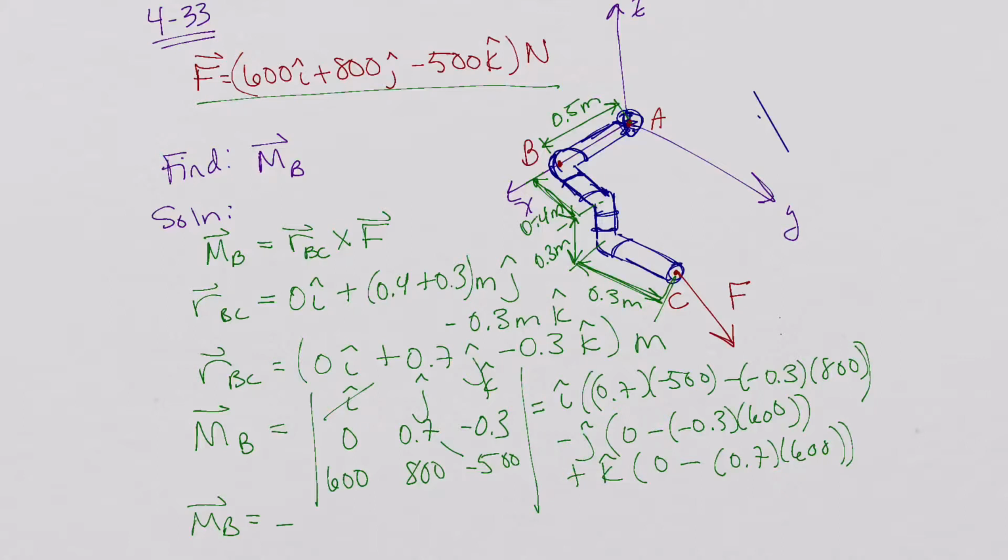That'll give us negative 110 I. Then negative J times, minus negative, so that'd be positive 0.3 times 600, so that'd be minus 180 J. And for the K we have 0 minus 0.7 times 600, so that'd be minus 420 K.